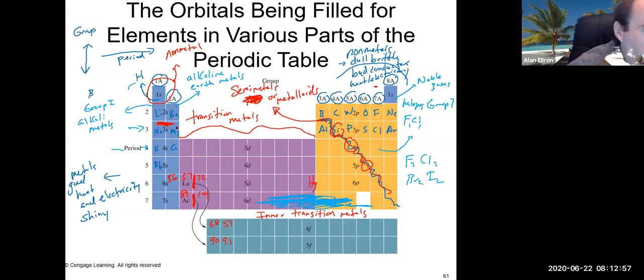If you remember the P subshell, you could put 6 in there, and that's from group 3 to group 8. So that's 1, 2, 3, 4, 5, and 6. That's what's sometimes referred to as the P block on the periodic table. D subshells, you could fill with 10, and that's right here in the transition metal region. 1, 2, 3, 4, 5, 6, 7, 8, 9, and 10.